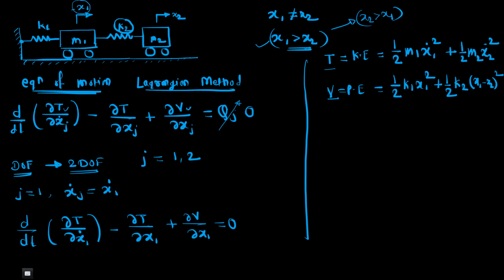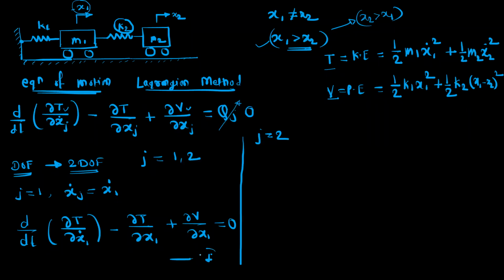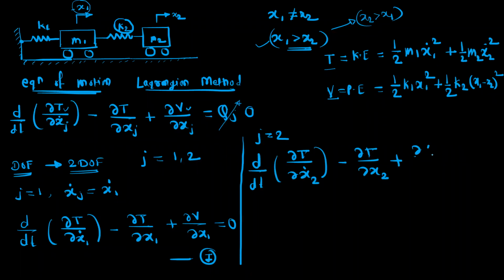And when the j value is 2, the second equation will be, considering this as equation 1, d by dt of del T upon del x2 dot, minus del T upon del x2, plus del V upon del x2, equal to 0. So this is equation 2.